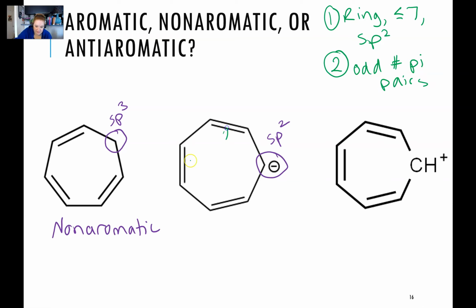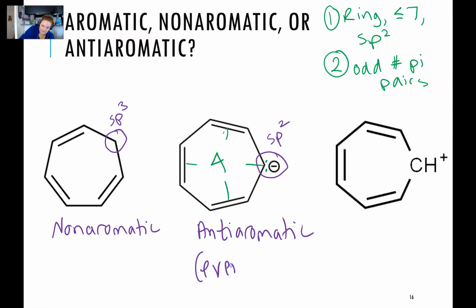So this one has 1, 2, 3, and there is a lone pair here, 4. Because it has an even number of pairs, we're going to label this one as anti-aromatic, and underneath it I'm just going to put that it had an even number of pairs.